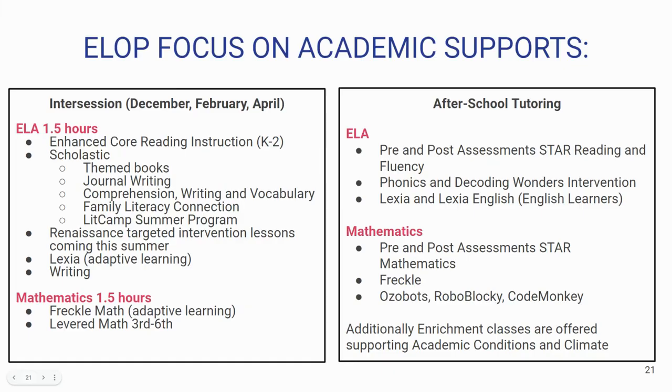Intersession is offered to students during the breaks in the school year calendar that occur in December, February, April, and June. During intersession, students receive 90 minutes of ELA and math intervention daily. Additionally, we provide after-school tutoring and multiple opportunities to participate in STEAM and other enrichment activities.